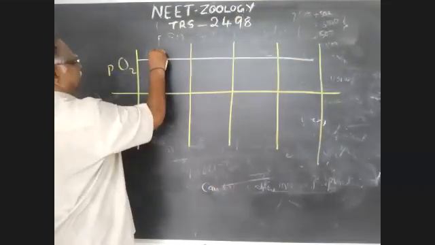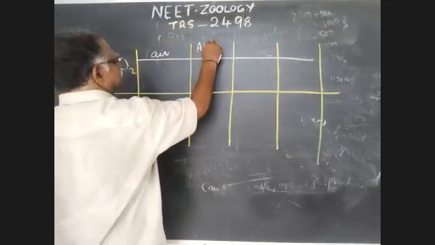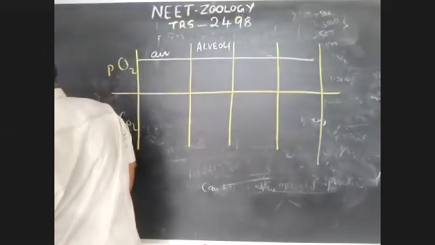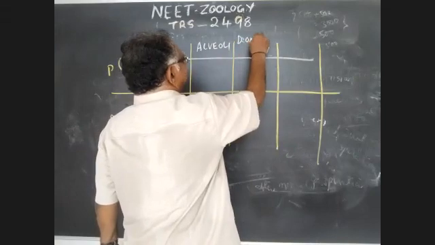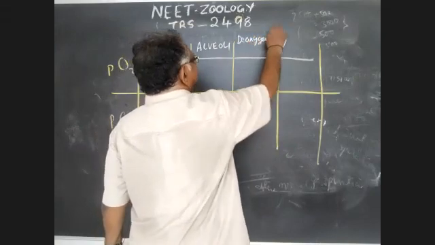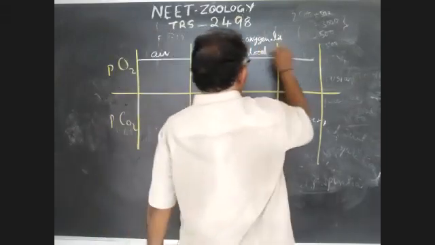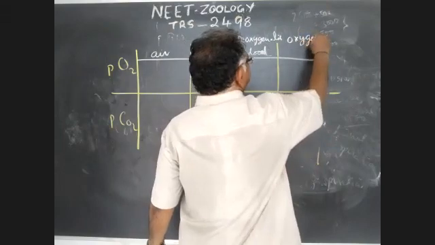This is A, alveoli, deoxygenated blood, oxygenated blood.